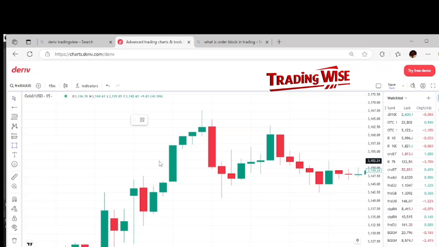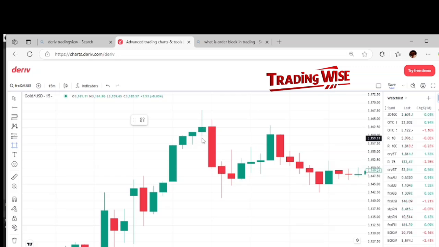Now I'll take the bottom of the order block itself. I'll pick the bottom of this order block, and the tip of the wick of this second bearish candle, I'll pick it.